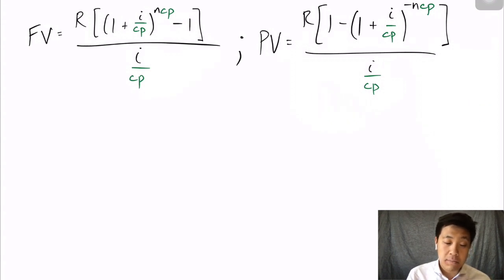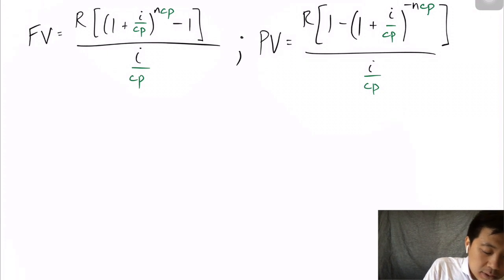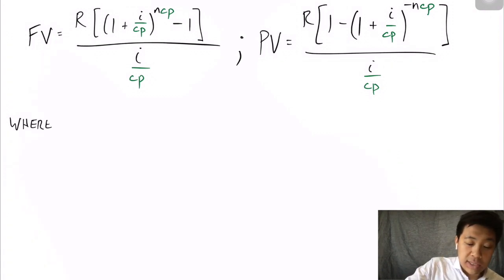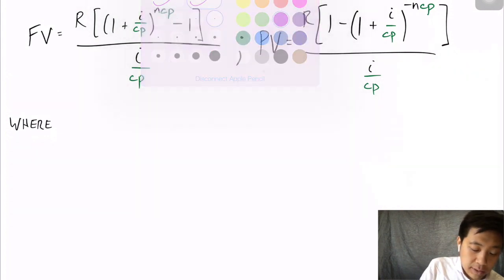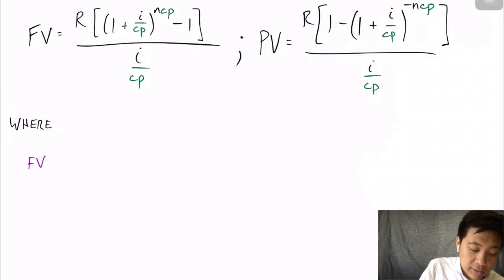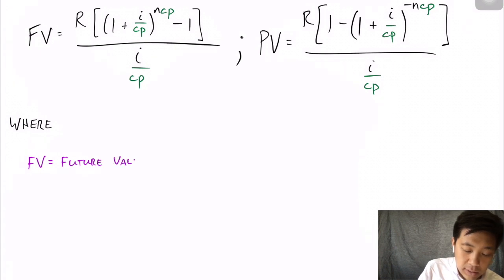The good news is that they're pretty much the same as in the regular compounding period problem, except the difference is that this is annuity, and again, the reason for annuity is for multiple contributions. So I'll write here where, I'll separate it where future value account.